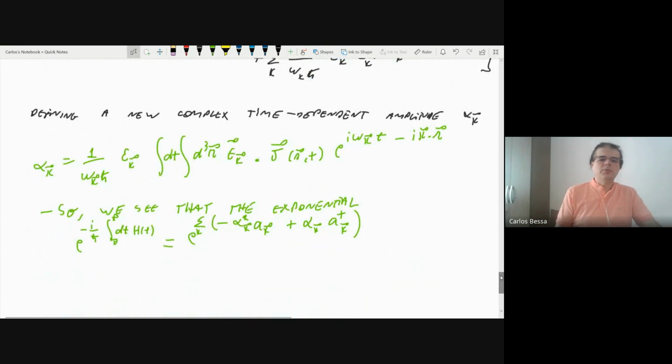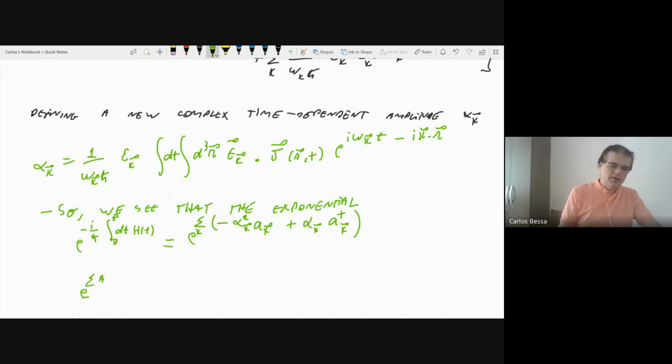So okay, because we have the exponential of a sum, we have something like this. The exponential of a sum is the product of exponentials.